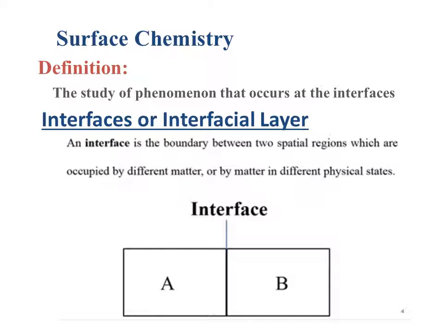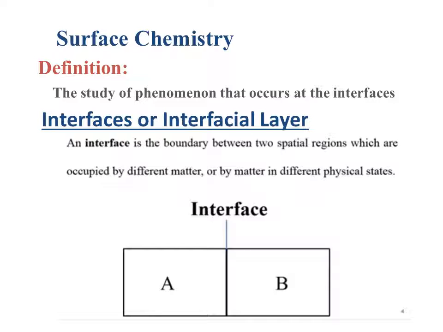It is not necessary that A and B are different matter. They may be the same matter or different matter. If there is the same matter, then there will be different states of that same matter. If there are different matters, then there will be a boundary between these two, and that boundary between two spatial regions occupied by different matter or by matter in different physical states will be called an interface.